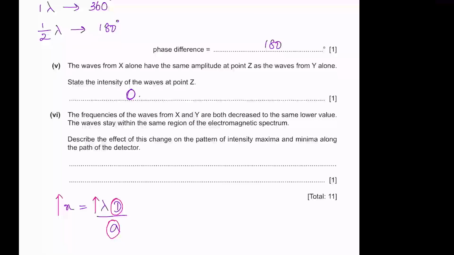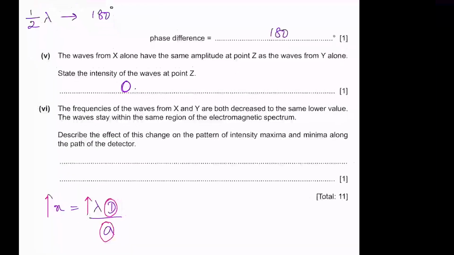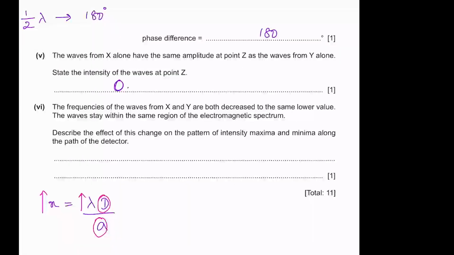Agreed? Describe the effect of this change on the pattern of intensity maxima and minima along the path of the detector. You can just show this equation x equals lambda d over a and then write lambda is increased.